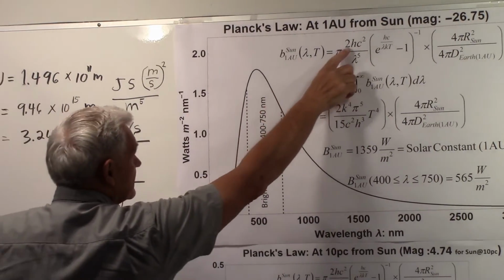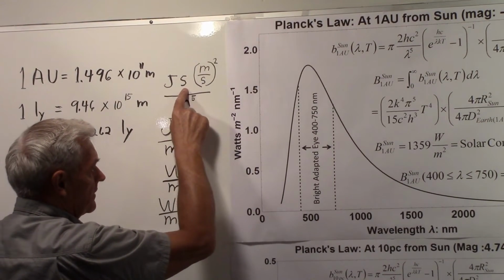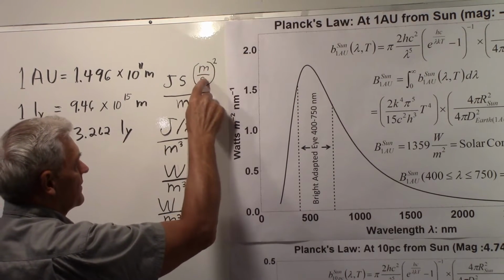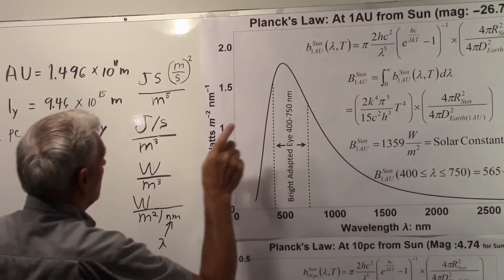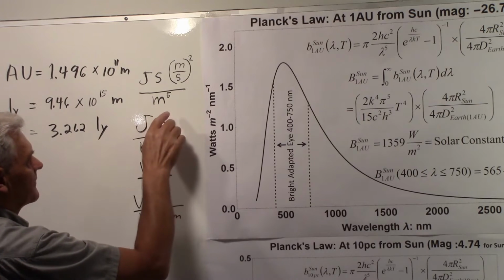So Planck's constant, units are joule second. The speed of light is meter per second, and we have that squared. And wavelength is in meters, and we have that to the 5th power.